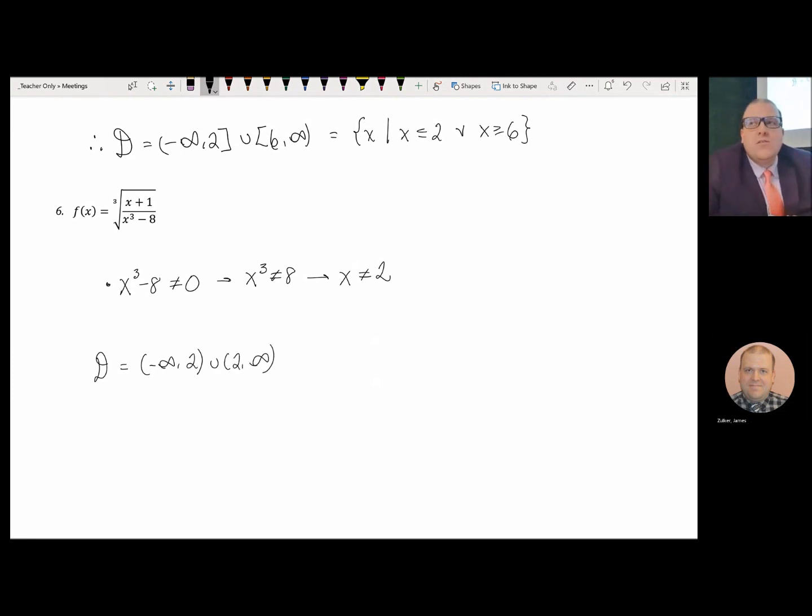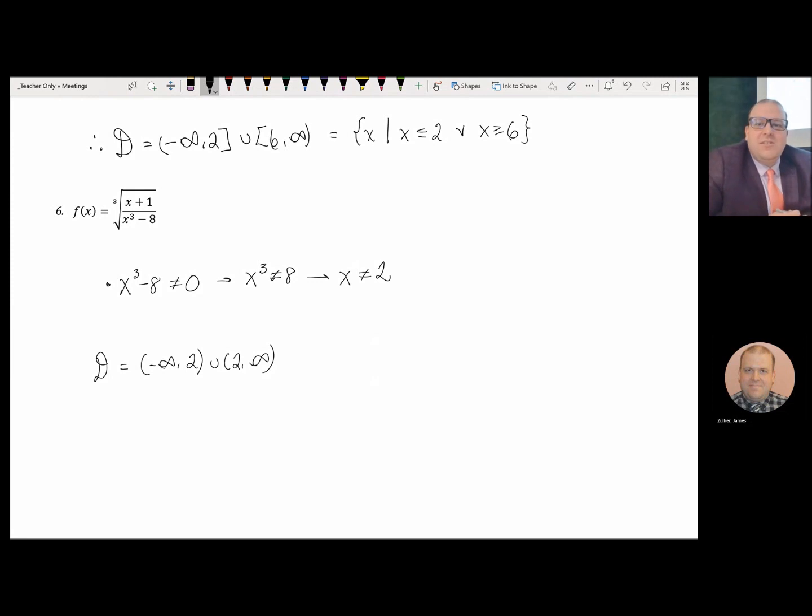So there's your domain. Two, not the bracket, because x cannot be 2. Otherwise, the denominator would be 0 and then the universe blows up.